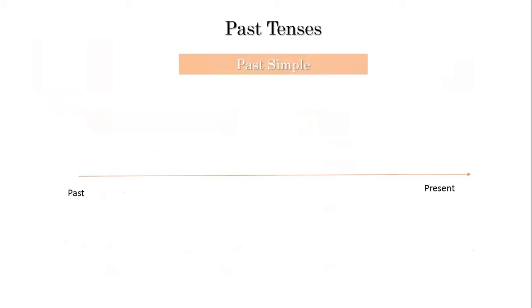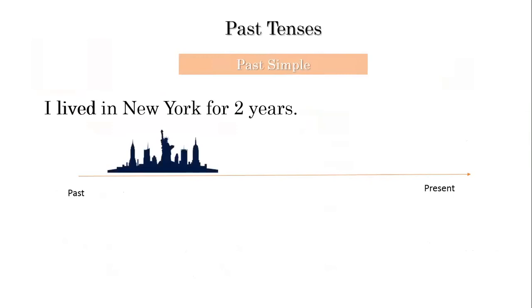So here we are going to talk about past simple a little bit more deeply. To do that, we have to get our previous example. I lived in New York for 2 years. Okay, then we will see the picture of New York. So what does it all mean? This means that the person lived in New York from 2015 until 2017 for 2 years.